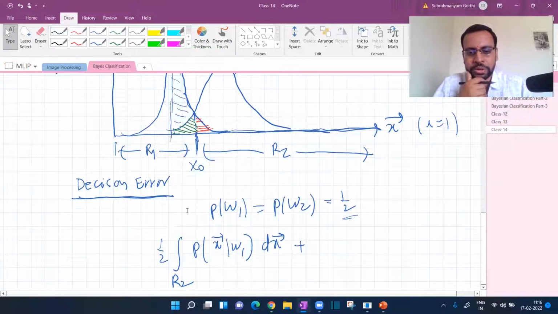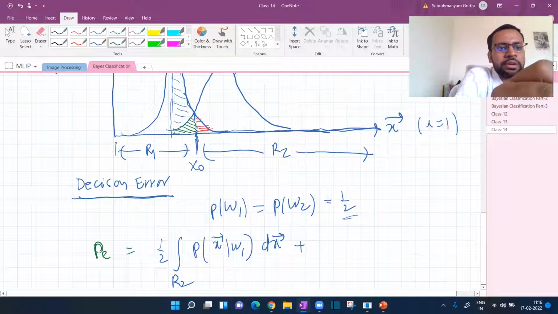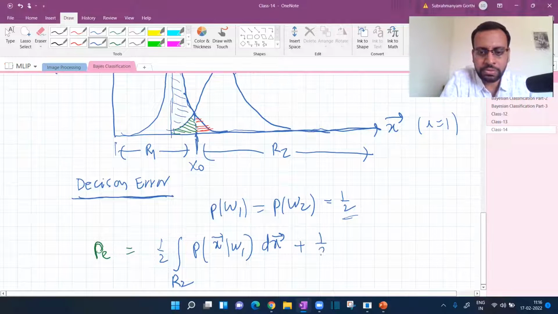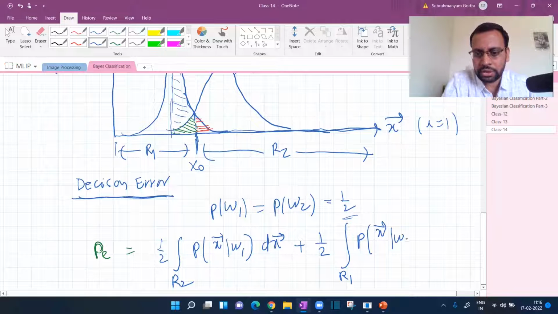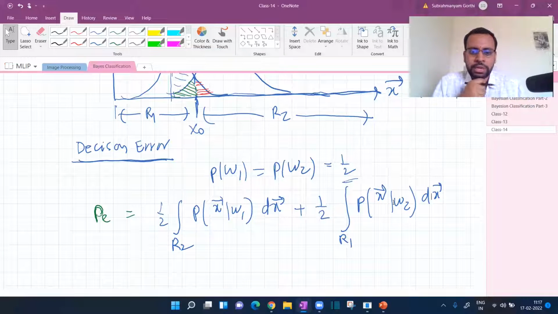The decision error, or probability of error, let me call it PE. What is that value? Half into integration over R1, probability of x bar given omega 2 dx. Very good. This is the probability of making a decision error.